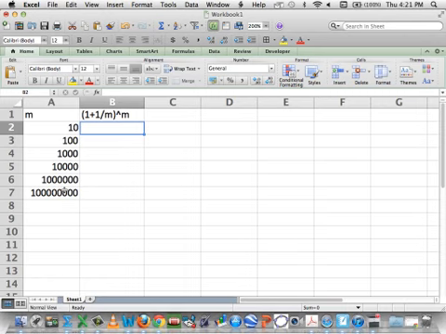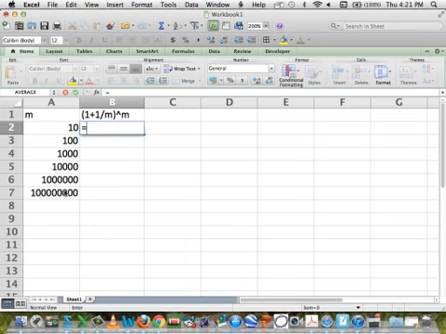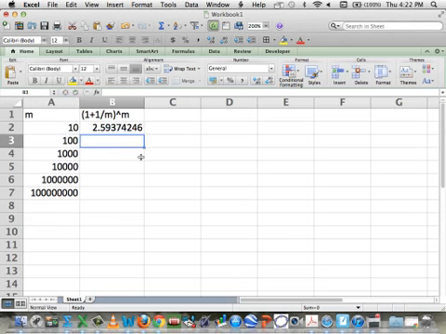And then in column B, we're going to calculate the value of that expression at these values of M. So recall that Excel formulas start with an equal sign, put parentheses, and we're going to go 1 plus 1 over this cell here, and then raise it to this cell's power. Hit enter, and then we're going to go over here and do a fill down. And if we click twice on this blue square, it should fill down the values for these values of M.